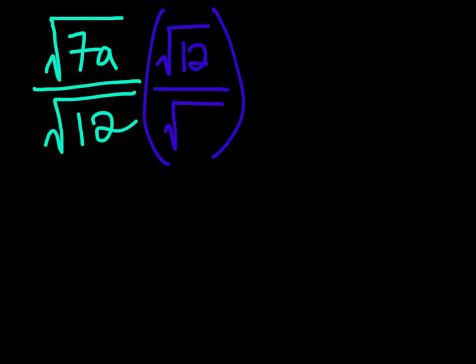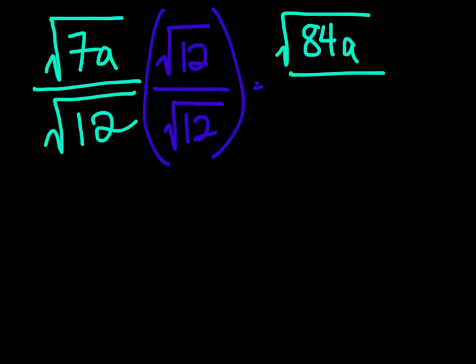You should be screaming square root of 12. We're going to multiply the top by the square root of 12 and the bottom by the square root of 12. And if we do that, on the top, we'll get the square root of 84a, and on the bottom we're going to have the square root of 144.